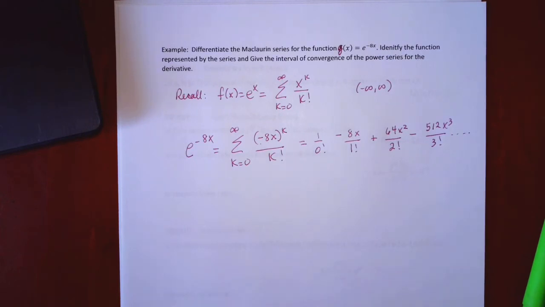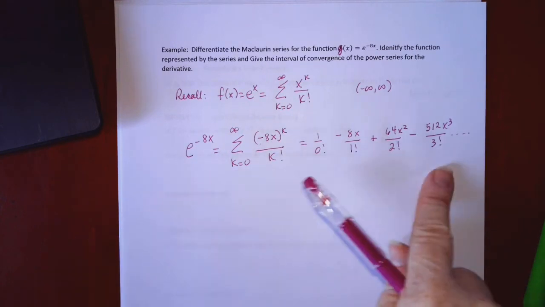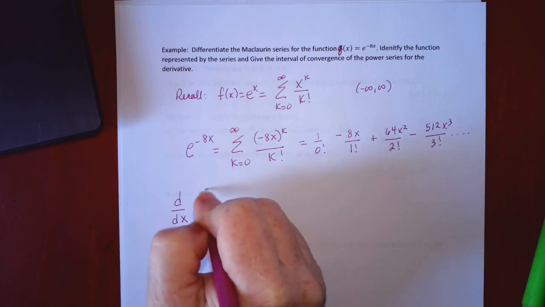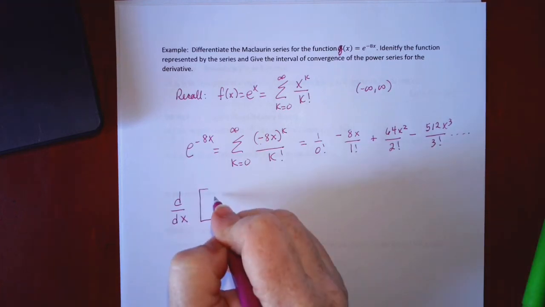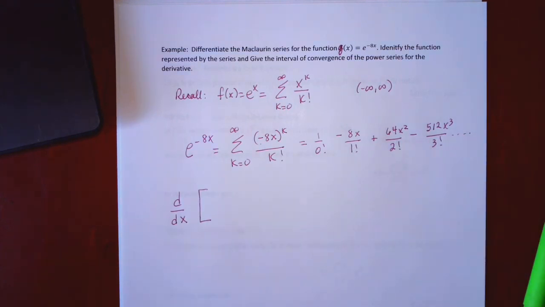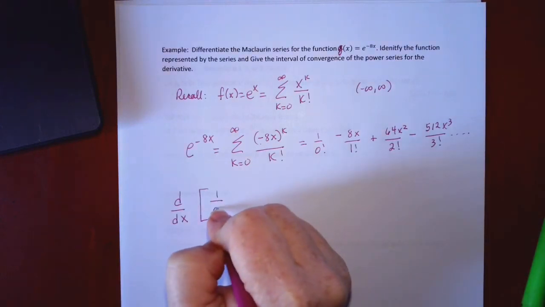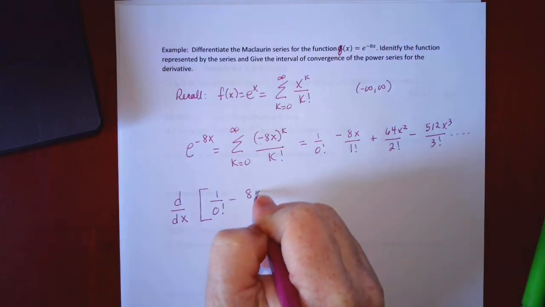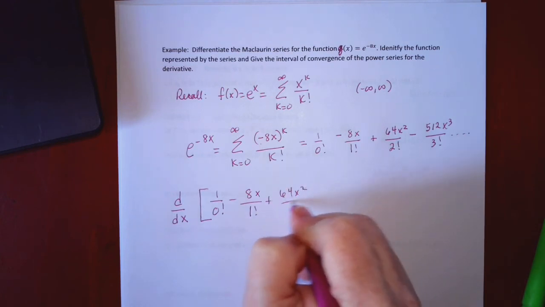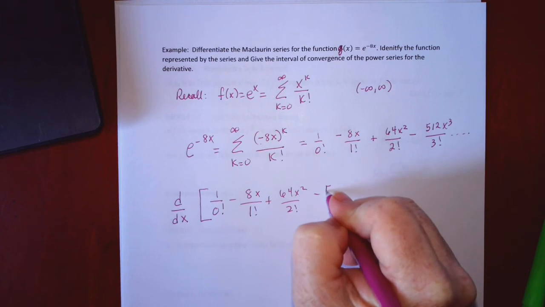So if we take the derivative of this power series, we'll be taking the derivative of 1 over 0 factorial minus all this good stuff.